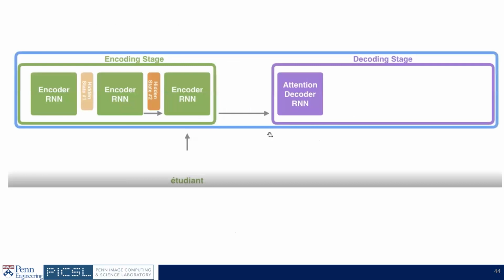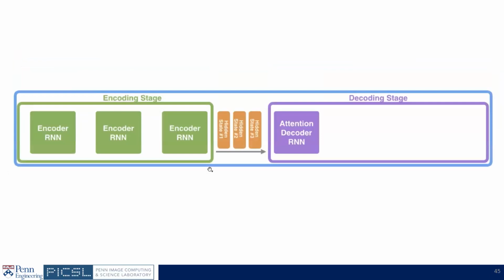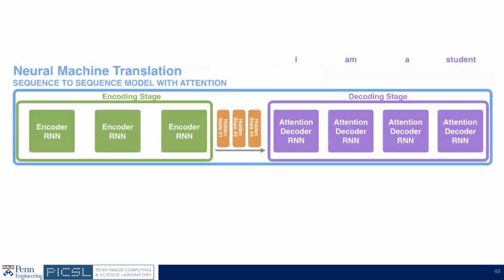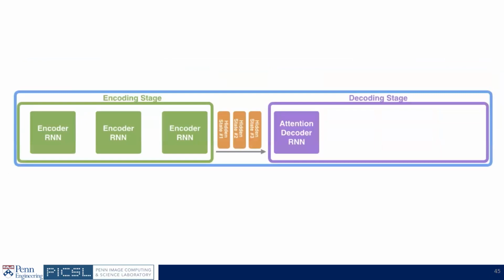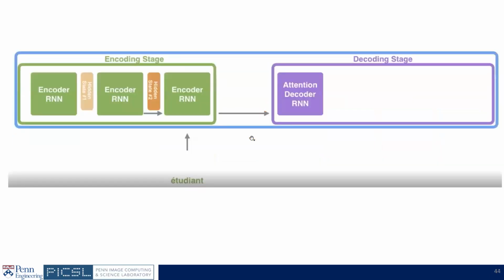Again, this is what happened so far. We encoded all the information: input word, hidden state, output. This decoding stage is only taking hidden state number 3, right?